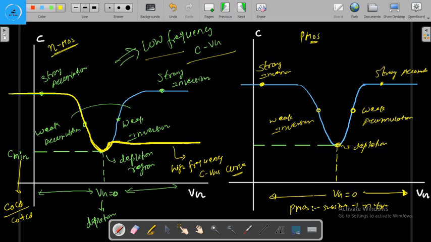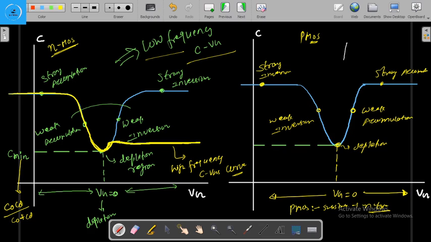the electron will become near the SiO2 interface, in between the source and the drain. Sorry, for the p-type MOSFET the substrate is N type, and when we are applying the negative voltage, let's make a small PMOS here.